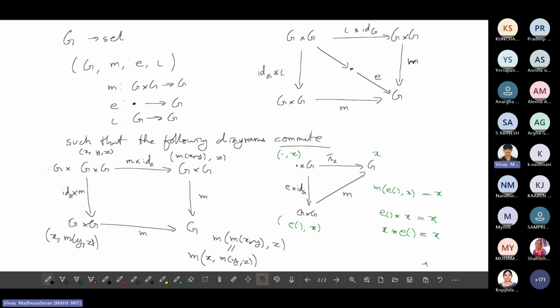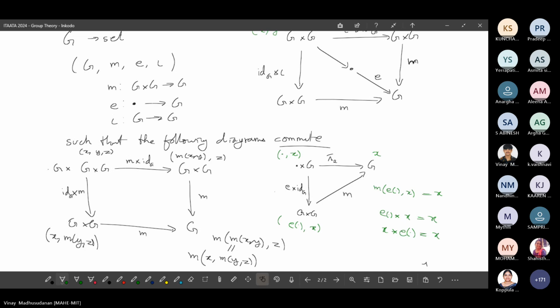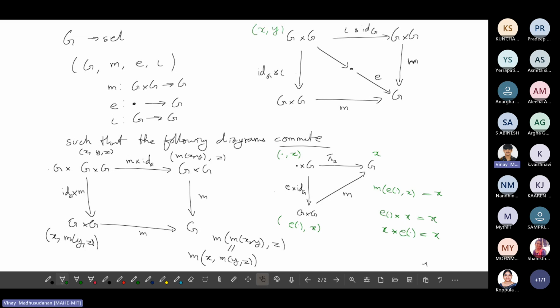But once you do that and then map to G, what happens? Ultimately, it doesn't matter. If you start with an arbitrary element (x, y) here, it goes to the unique element, the dot.